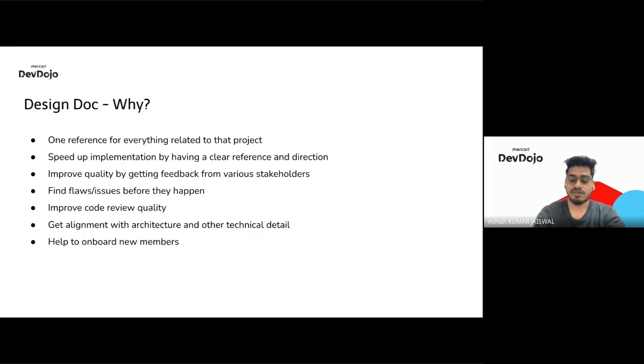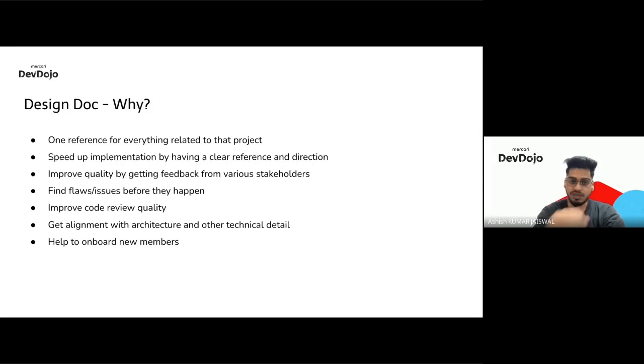Another thing is that it also improves the quality by getting feedback from various stakeholders. For example, if you're writing a design doc for a feature, those stakeholders can be a product manager, QA members, a designer, and other platform engineers.